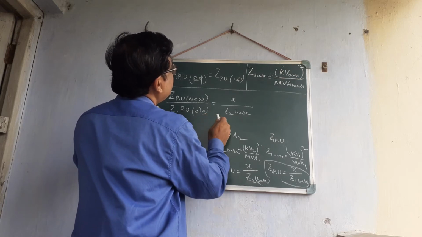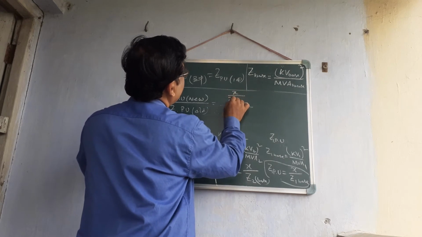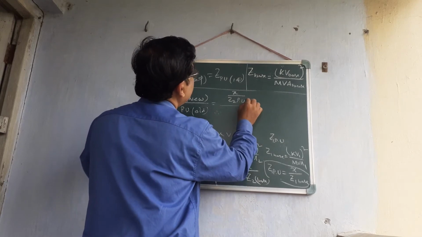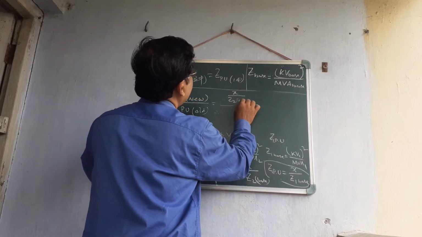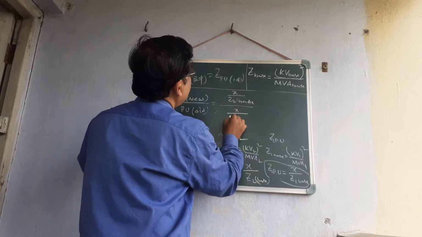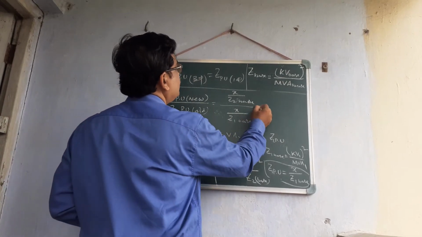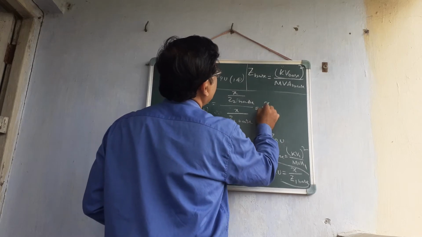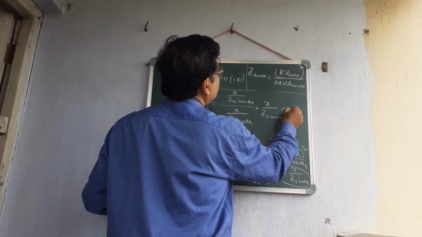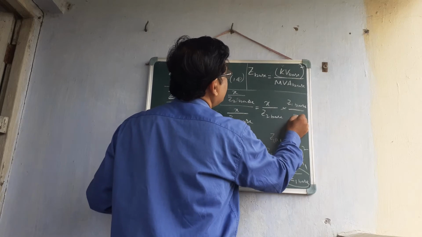Z per unit old means x by Z1 base. We can write it: it is equal to x by Z2 base into Z1 base by x.